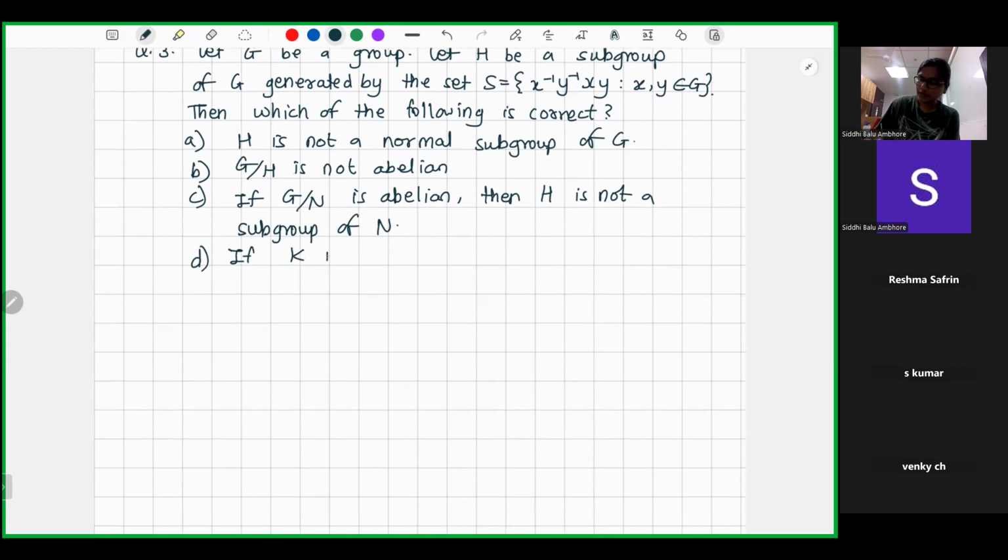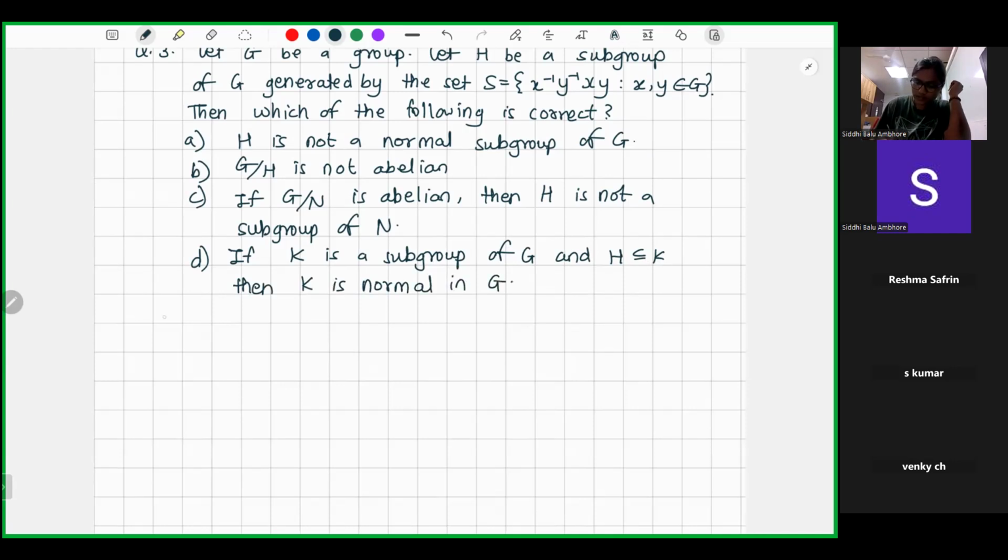D, if K is a subgroup of G and H is a subgroup of K, then K is normal in G.